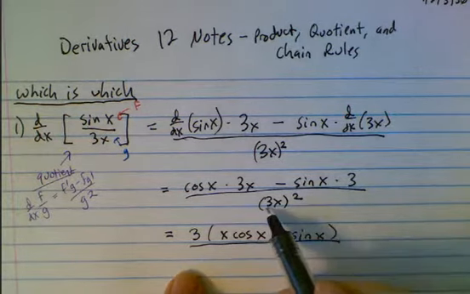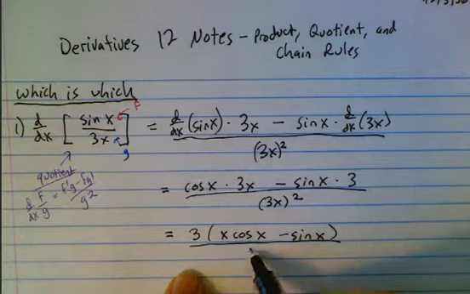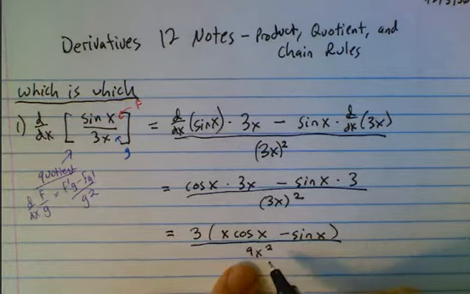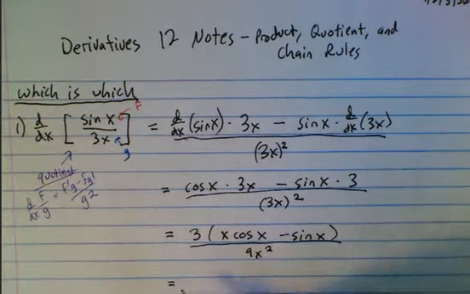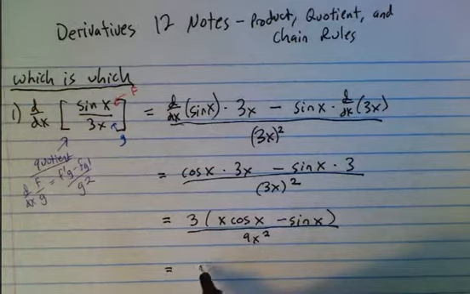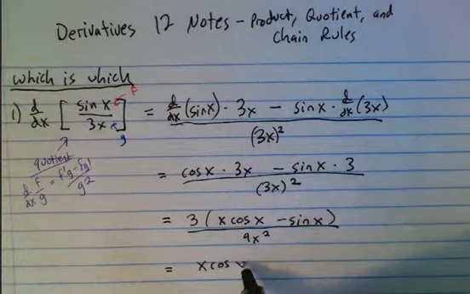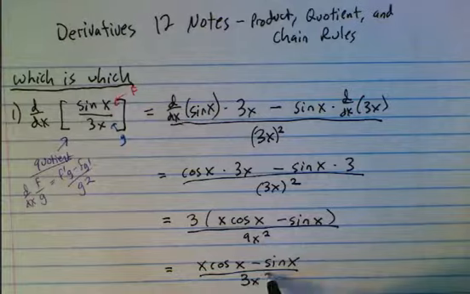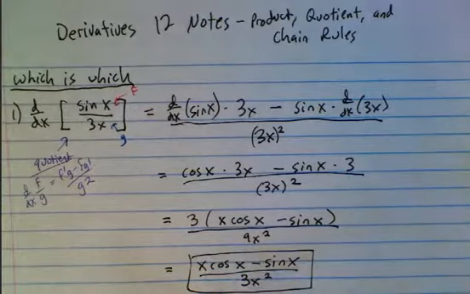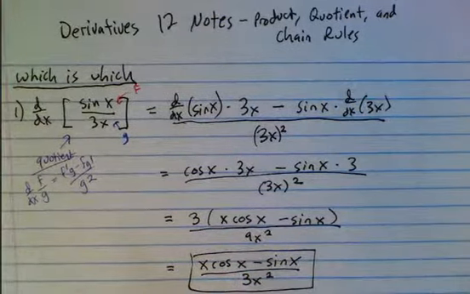Notice here as well, this is 3 squared and x squared. This and this can cancel out. And there we go.